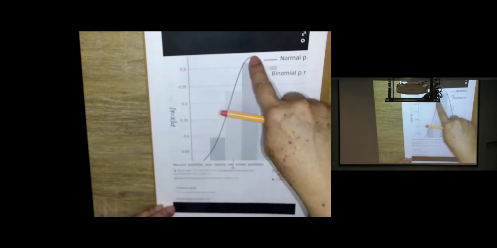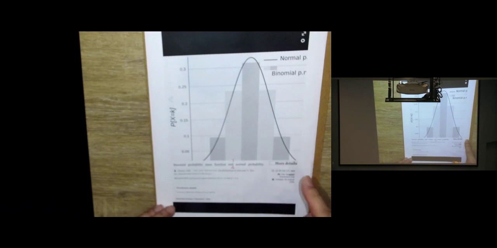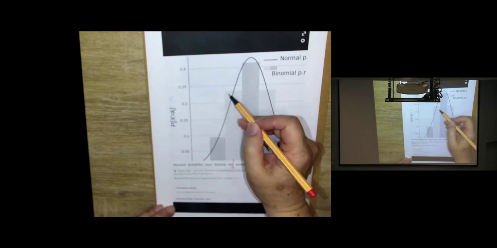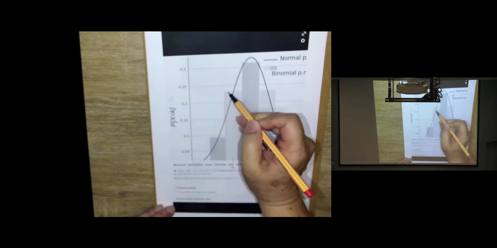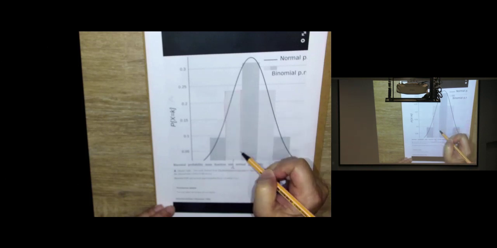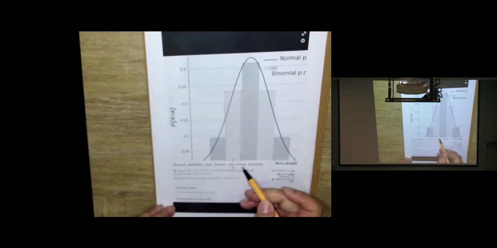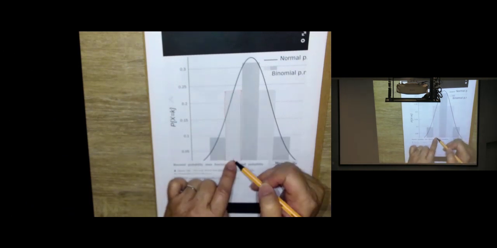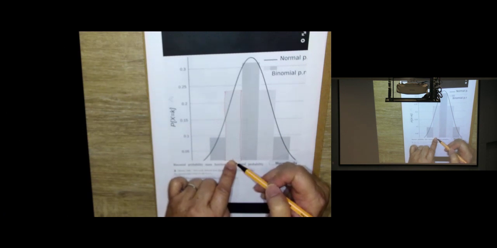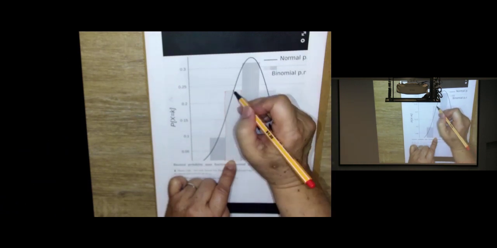Now this is the normal curve, and I wanted to approximate this bar, this area. The reason I'm interested in the area is because the height of this rectangle corresponds to the binomial probability at 4.